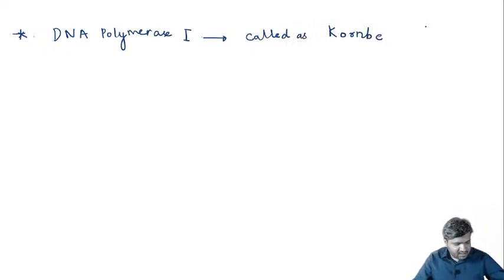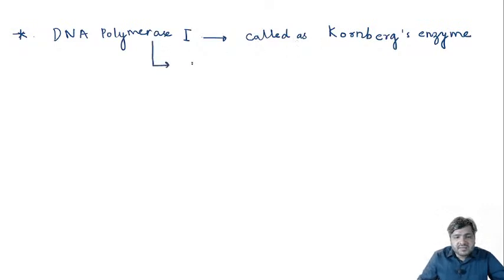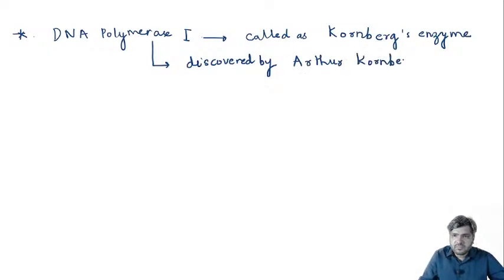Ashok, good evening, you are late, try to write the notes along with me. Why is it known as Kornberg's enzyme? Because it was discovered by Arthur Kornberg in E. coli bacteria.